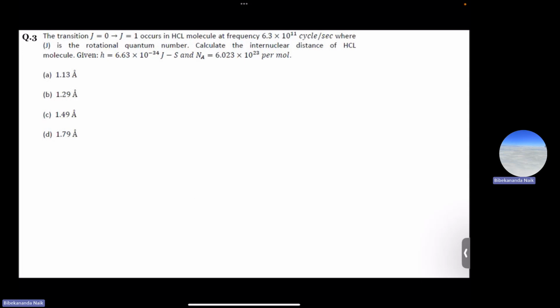First, similar to the previous two questions, we know the rotational energy level is given by h cross square by 2I into J into J plus 1. This can again be represented in terms of the rotational constant B as 2Bc into J plus 1.